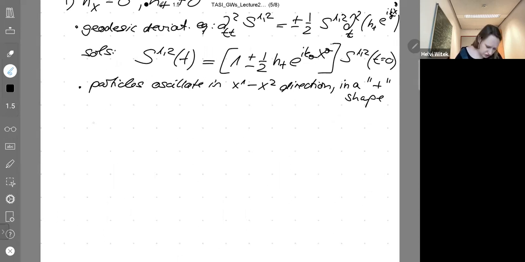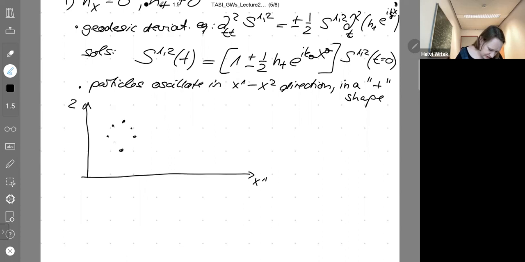Let's assume you have here our x1 and x2 plane, and a ring of particles here that in an ideal world should be perfectly circular.